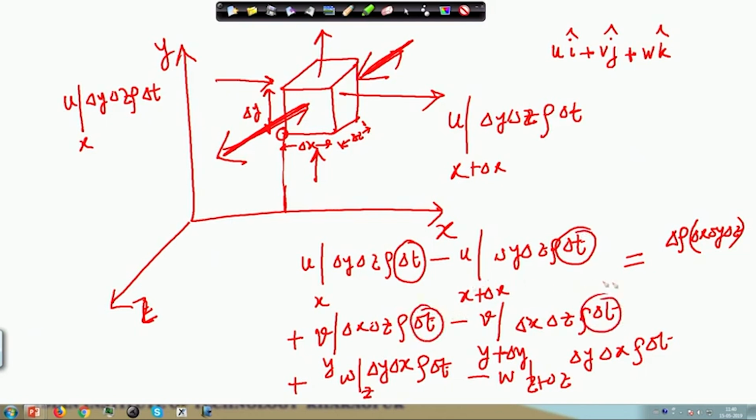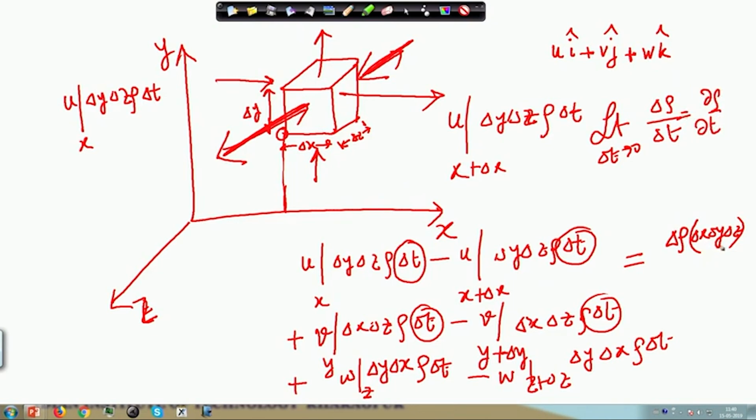So, if we send this, it goes to the denominator, so the right hand side becomes delta rho by delta t, which when we put a limit delta t tending to 0, becomes del rho del t.